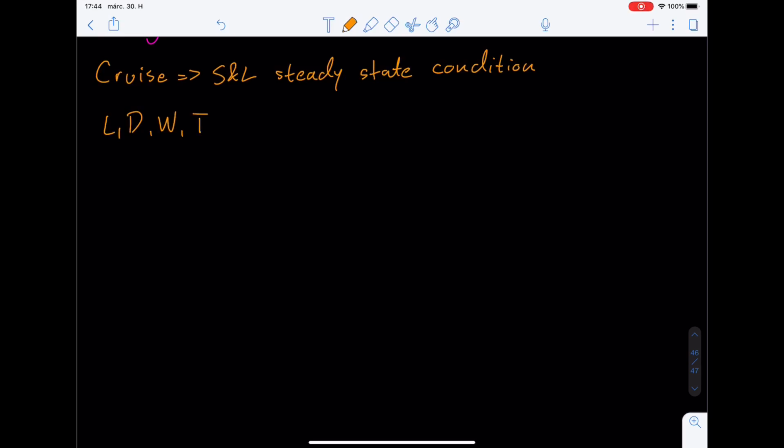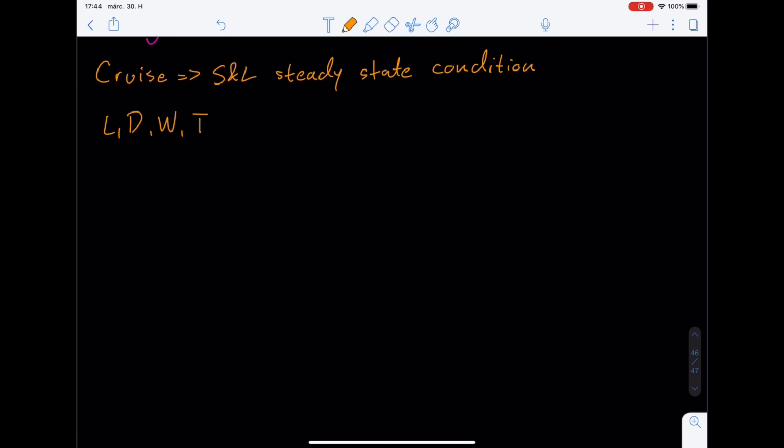And just one little bit of detour here, because we assume that when we examine the steady state flight conditions, all of these forces act in the center of gravity.